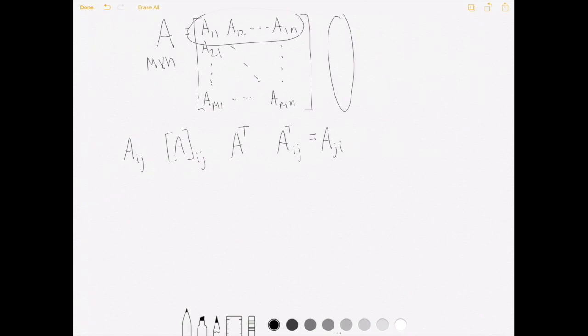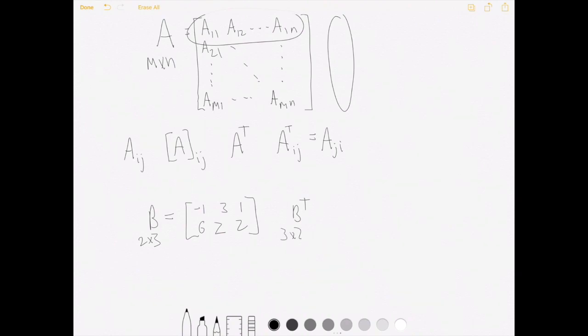So let's look at a simple example of a matrix. So if we define B to be the 2 by 3 matrix, so it's got 2 rows, 3 columns. The entries of that are 1, 1, 1, minus 1, 3, 1, and 6, 2, 2. So if we take B transpose, what'll that be?